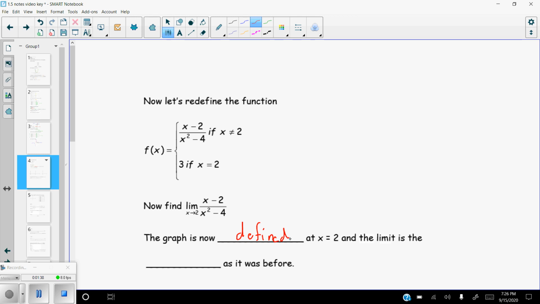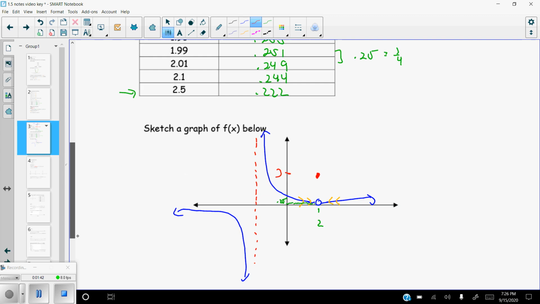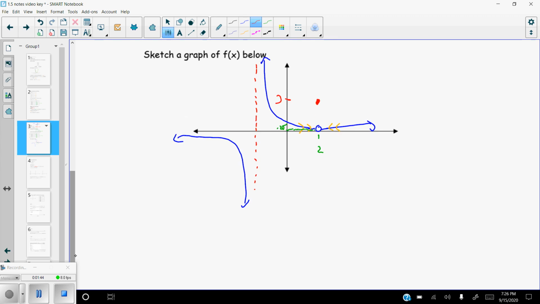And the limit of that function, well, let's look at the graph again. The limit of this function as x approaches 2 doesn't change. It's still approaching 0.25. The fact that we changed the value or added a value of 3 there makes no difference to the limit. Remember, the limit is not what the y value of the function is. It's what the y value approaches. Well, what the y value is approaching is still 0.25 if you look at that graph.